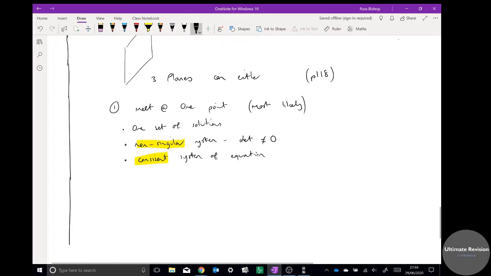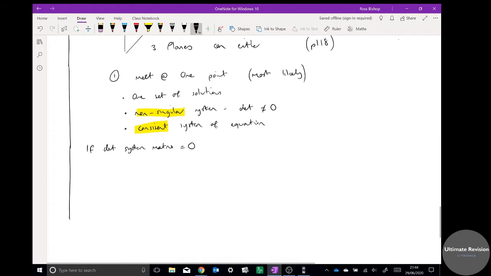Okay, so that's the most likely case, but you'll see that there are other cases as well. If the determinant of the system matrix equals 0, then it could be a range of things. Basically there isn't a singular solution.